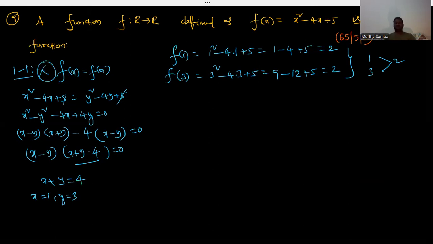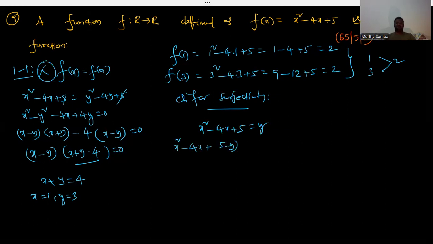Similarly, to check whether it is an onto function or not, that is checking for surjectivity, the working rule is the same. x square minus 4x plus 5 is equal to y. It means x square minus 4x plus 5 minus y is equal to 0.